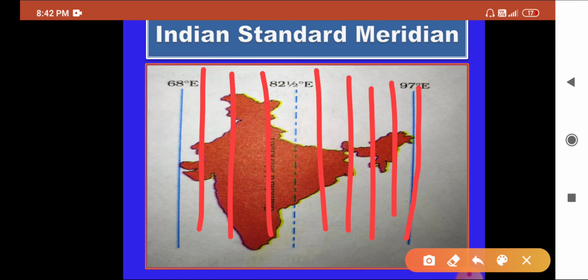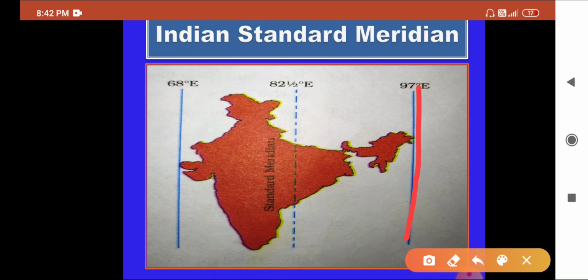So to resolve this problem and make a standard time for the country, standard time for the nation, we decided to have one central line which would be considered as a standard meridian line of the country or Indian Standard Time line. So that line we have taken in the center.